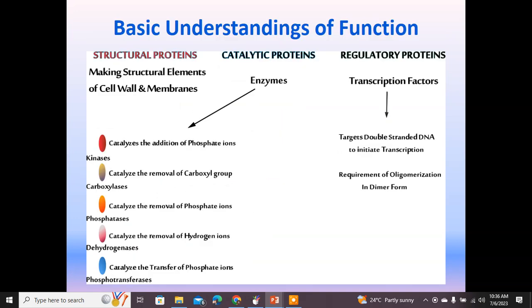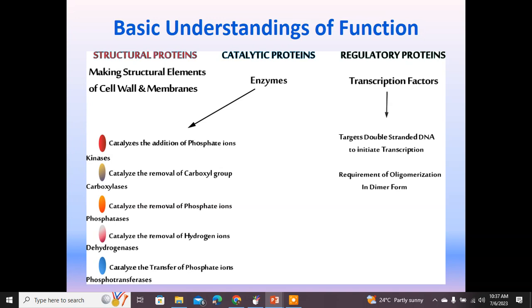Okay, this slide is about the basic understanding of protein function. Many people don't know, or I would say they don't care to look for these things. By knowing the protein name itself, you can guess the function of that protein quickly.